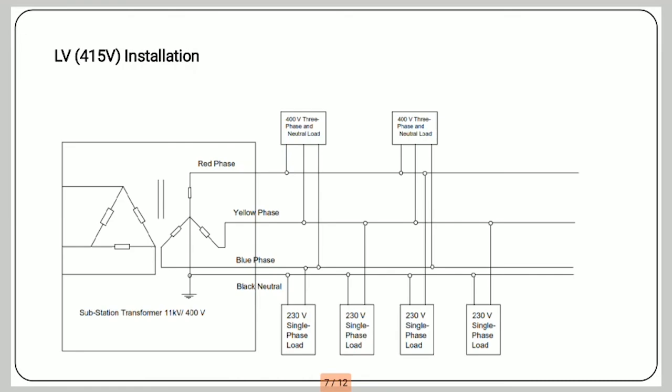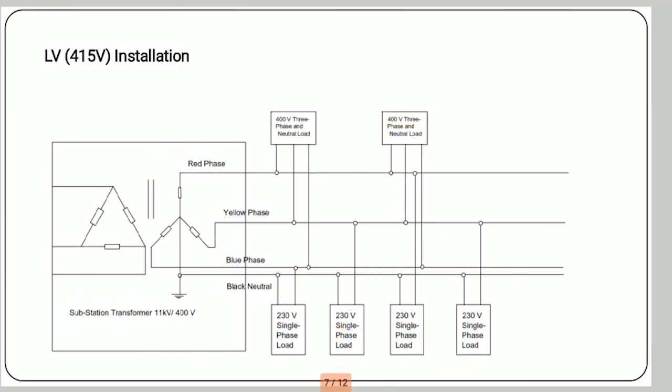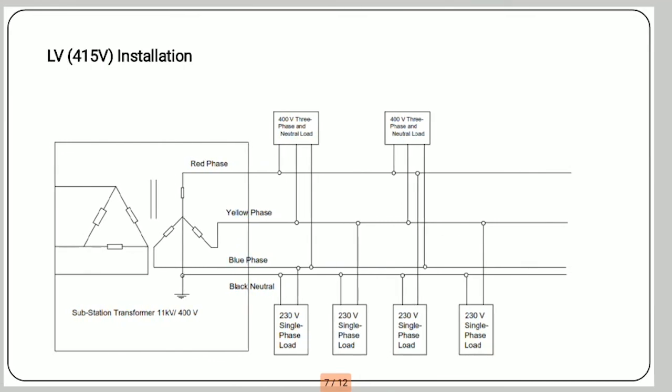So this is the LV installation, low voltage installation. This is a 415 volt installation. First, there is an 11 kV to 400 volt substation transformer. From this transformer, 400 volt is provided to the various consumers, that means 400 volt consumers as well as 230 volt consumers.